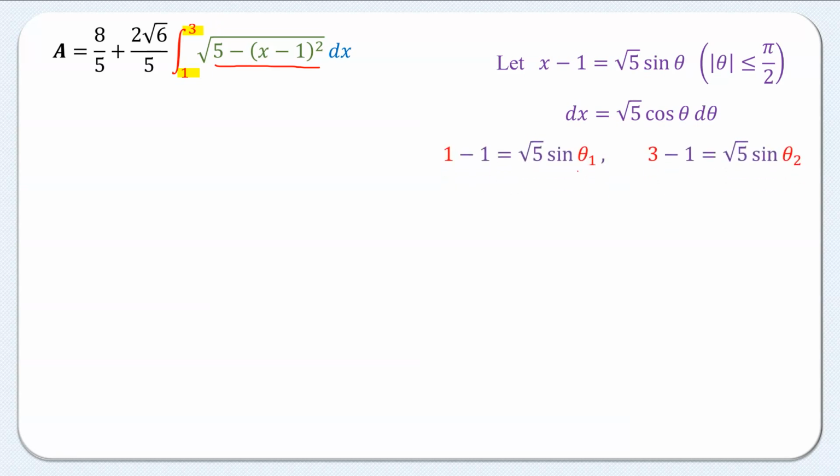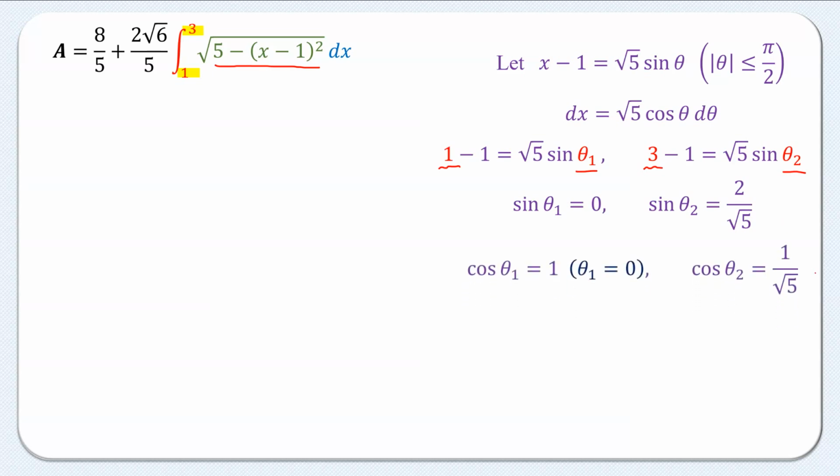Therefore, let us introduce theta 1 and theta 2 such that 1 minus 1 equals square root of 5 sine theta 1 and 3 minus 1 equals square root of 5 sine theta 2. This means that we have these values of sine theta 1 and sine theta 2. Also, we will need cosine values later, so let's also obtain them now. Here, notice that for our specific problem, theta 1 is equal to 0. Compared to more general cases, this will reduce the amount of calculation quite a bit.